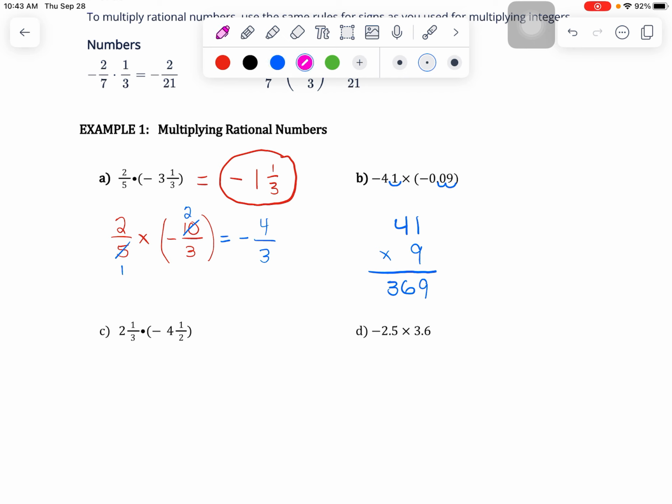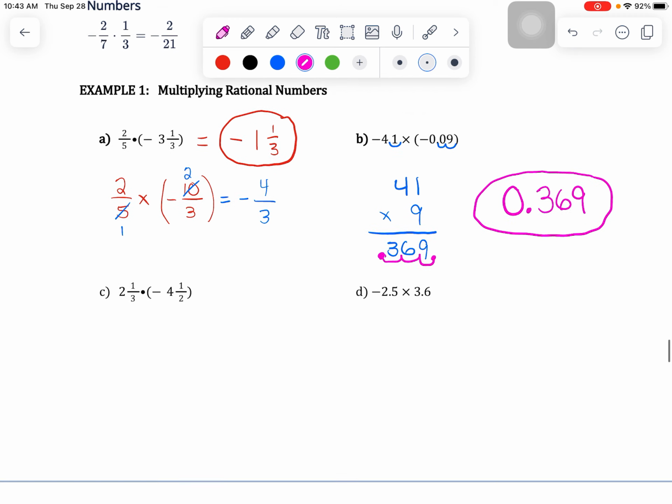So 369, right now my decimal's over here. So if I move it 3 times, 1, 2, 3, my decimal's ending over here. So I get 0.369, or 369 thousandths.